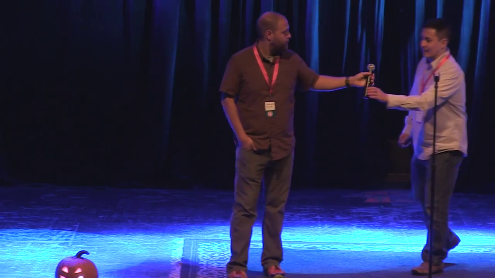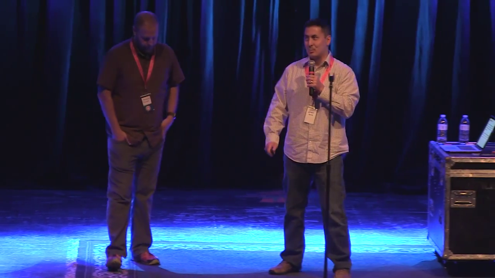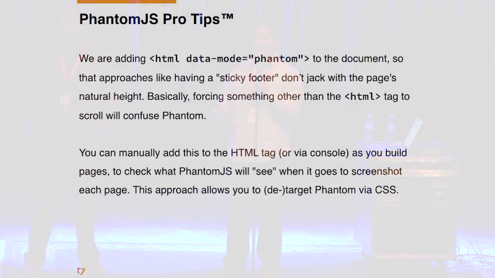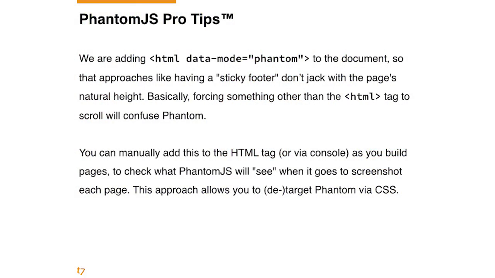You want to talk about this? So I put this as a pro tip, but really it's more like the CSS I was writing upset Phantom. Since Phantom basically is an instance of a browser, just like with Chrome DevTools, you can edit the page live. With Phantom, you can pass scripts to get run in and edited live. So one thing that I do is I add to the HTML tag data mode Phantom. And there's nothing magic about that. This could be peanut butter equals jelly.